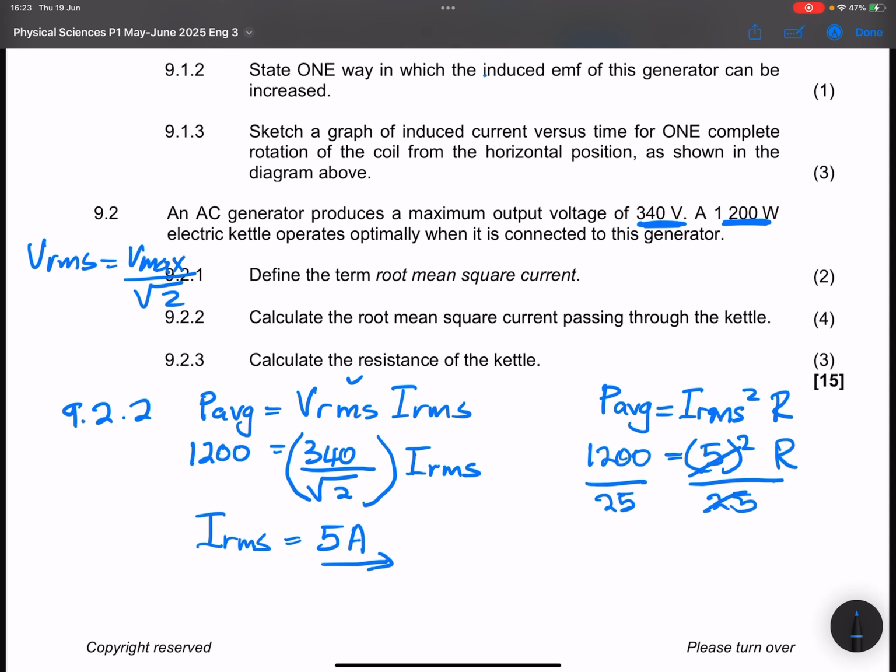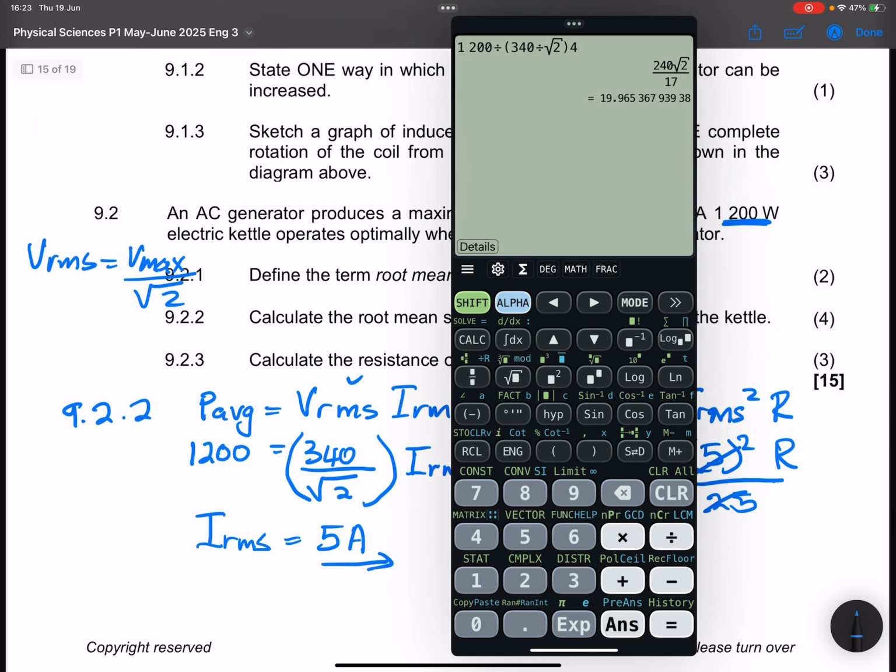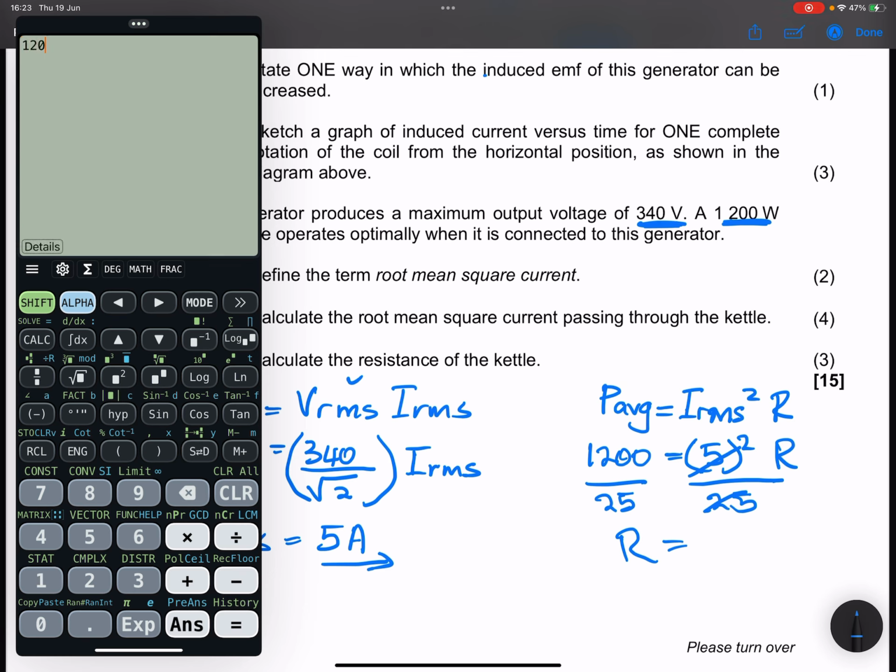And so R would be 1,200 divided by 25. That will give me a value of 48 ohms. So the resistance of my kettle would be 48 ohms.